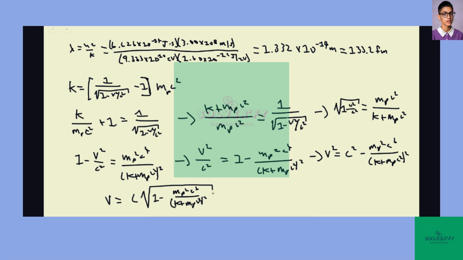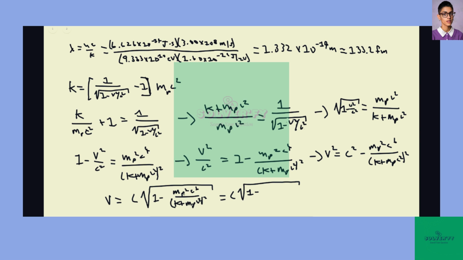All right, we can simplify this more. C times the square root of 1 minus, we'll pull out an mp squared c to the 4th.